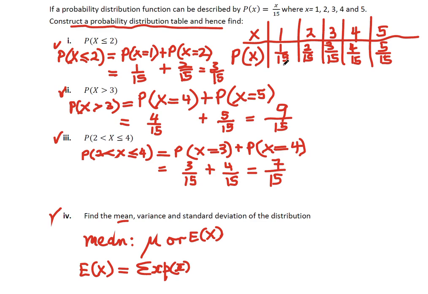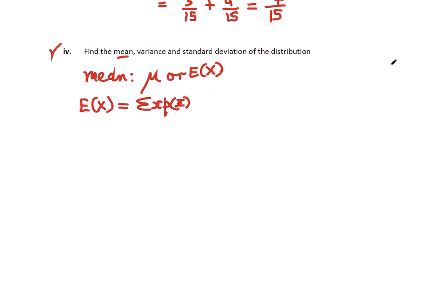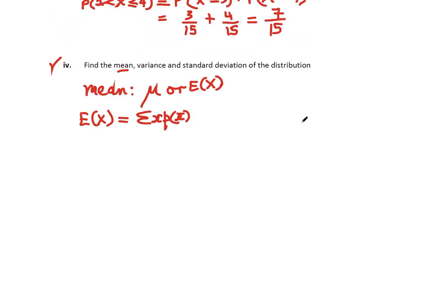That is 1 by 1 upon 15, plus 2 by 2 upon 15, plus 3 by 3 upon 15, plus 4 by 4 upon 15, plus 5 by 5 upon 15. And that is how we're going to actually calculate the expected value or mean here.